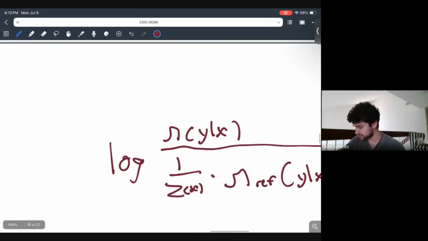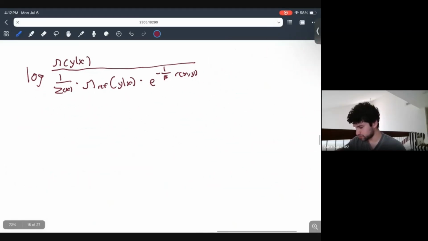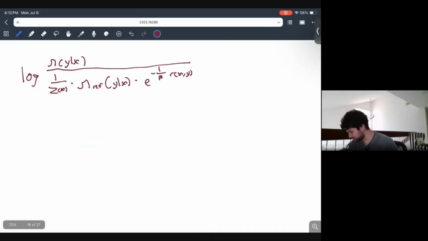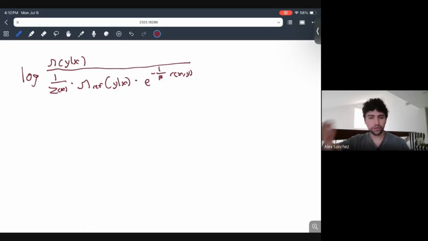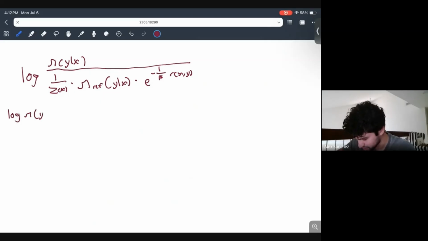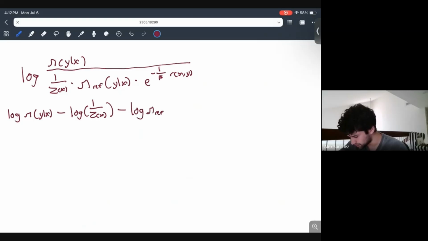So realize that here, given all the rules that we've been talking about with the logarithms, this is basically equivalent to the logarithm of the policy's distribution minus this, minus this, right, because these are all in the denominator.